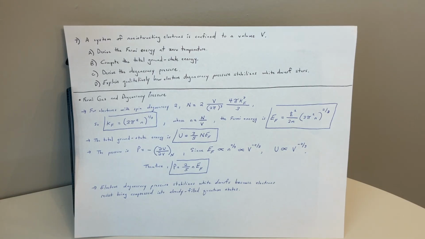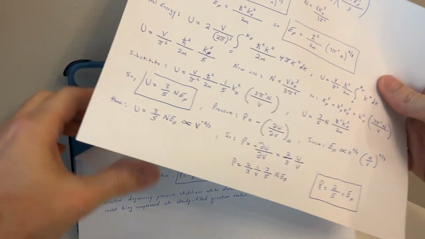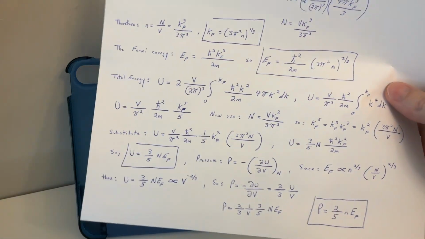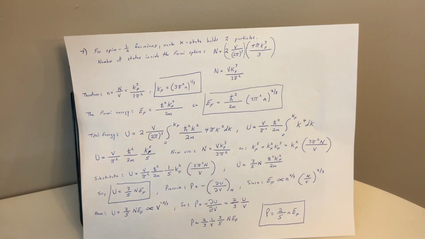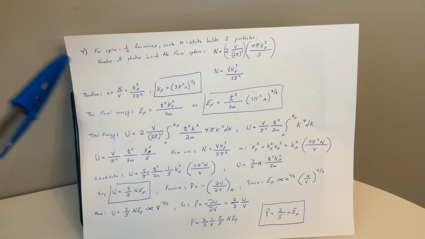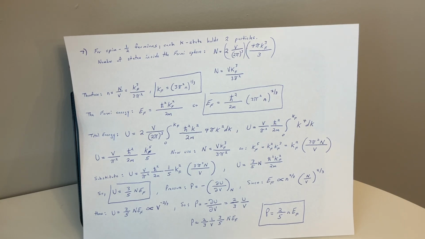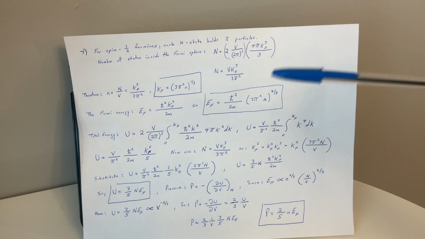And let's just expand upon part A, this derivation of the Fermi energy at zero temperature. This is interesting, especially if you like these more in-depth explanations. So for spin 1/2 fermions, each k state holds 2 particles, so the number of states inside the Fermi sphere is N equals 2 times (V over (2 pi) cubed) times 4 pi k_F cubed over 3.